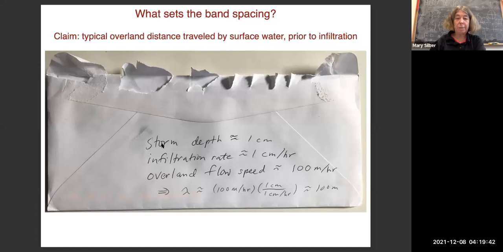So if you say, okay, a typical storm depth of 1 centimeter, infiltration rate, a centimeter an hour, flow speed, 100 meters per hour, and you put that all together, you get an estimate of around 100 meters. So it's sort of the right ballpark. This is very crude, but that's the story I want to put forth based on our model. And I'll show you some evidence for that shortly.